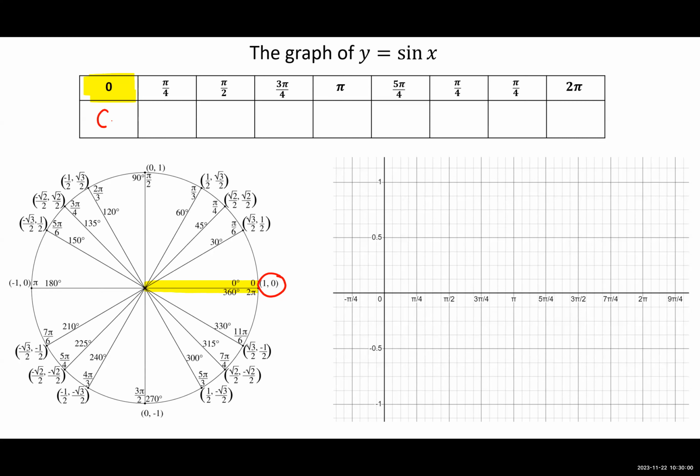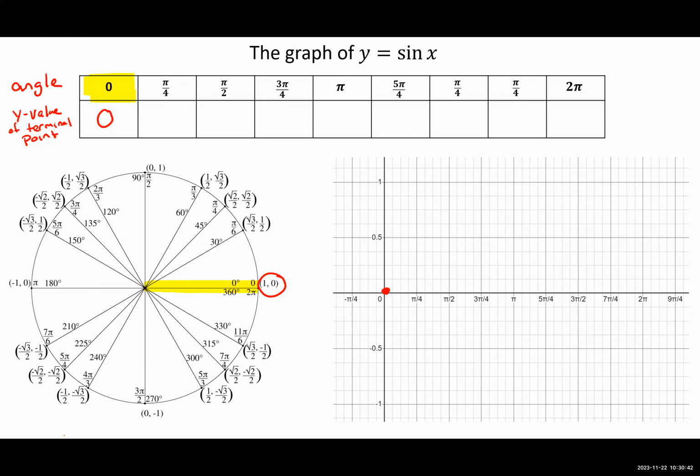So we're doing angle, and then y value of terminal point. These are things we discussed previously. Now we're putting these into action in terms of graphing. When the angle is 0, the terminal point is 1, 0. So the sine of 0 is 0. That's one point on the graph, 0, comma, 0.